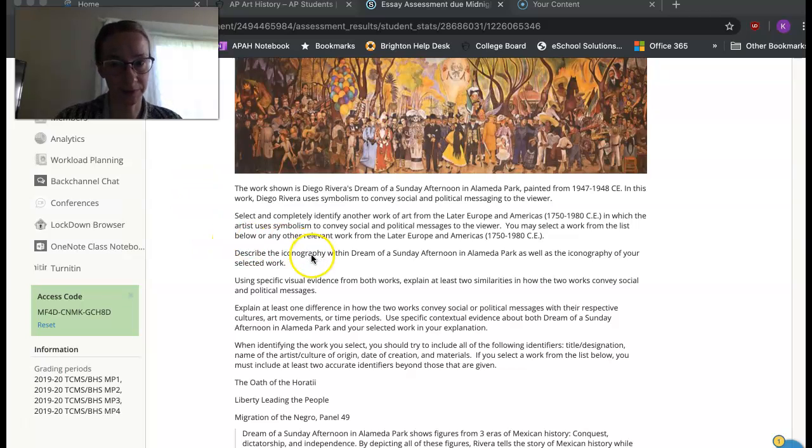So more specific. As far as using specific visual evidence from both works to explain two similarities, you don't want to just say two things that are similar without putting specific visual evidence. So when it asks for that, think about the reader not being able to see the piece. What are some things that you see? Is it the fact that the canvas is really, really crowded?